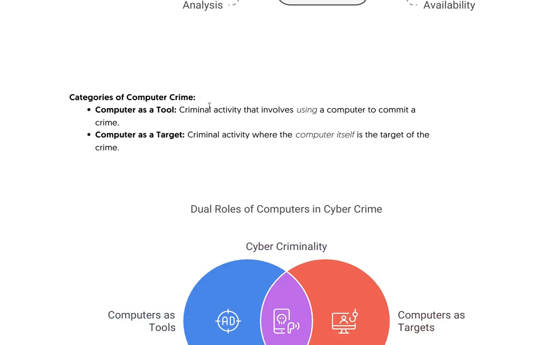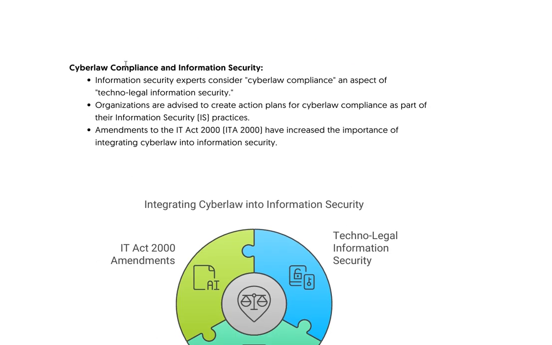Next, what are the categories of computer crime? Either the computer is used as a tool or as a target. Criminal activity which involves using a computer to commit a crime, and criminal activity where the computer itself is the target of the crime. Cyber law compliance and information security: information security experts consider cyber law compliance an aspect of techno-legal information security. Organizations are advised to create action plans for cyber law compliance as part of their information security practices.